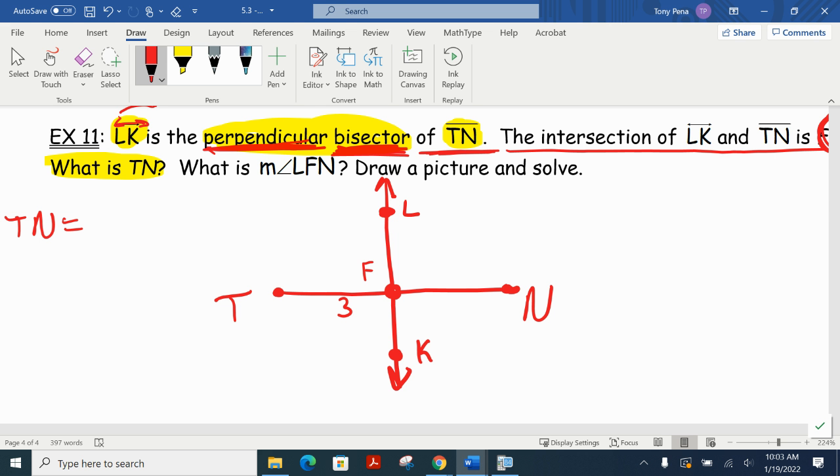All right. What do we think? What would T to N be, Assad? Good. That would have to be 6. Why, Assad? Because half of TN, which is the absence 3, so the other half has to be 3.